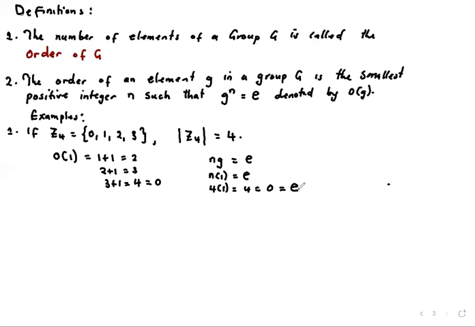That's the order of 1. 1 plus 1, yeah. 1, 2, 3, 4 is 4. Even here by counting, it's 1, 2, 3, 4. So the order of 1 is 4.